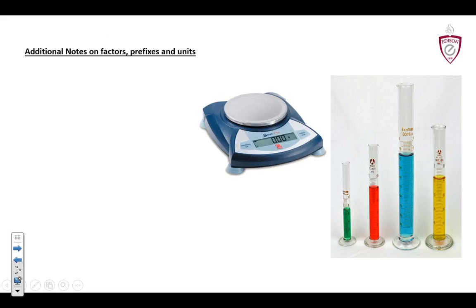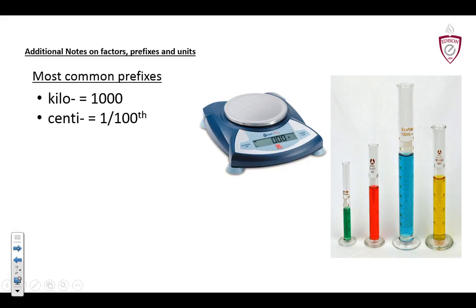First thing you want to know about is most common prefixes. Okay, kilo means 1,000 of something. A kilo MoNaCo would mean 1,000 MoNaCos. A kilo milks would mean 1,000 milks. That's a big family. Centi is 1/100th. Just like 1 cent is 1/100th of a dollar, a centimeter is 1/100th of a meter.